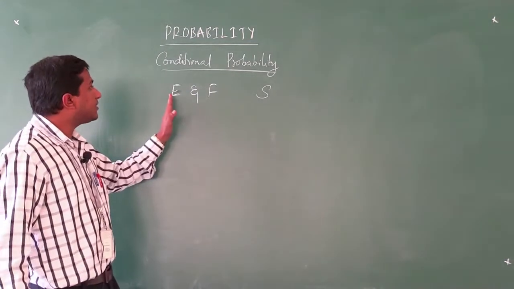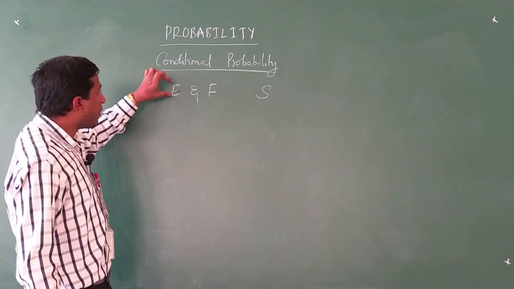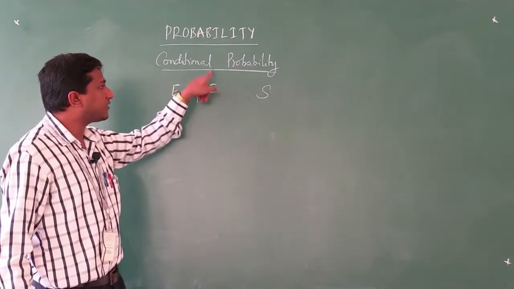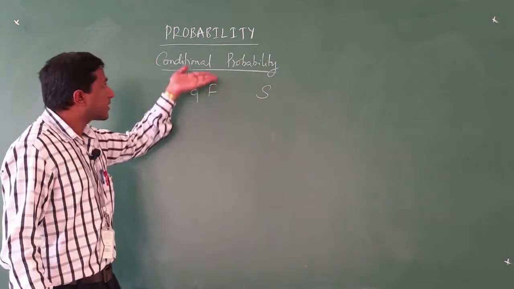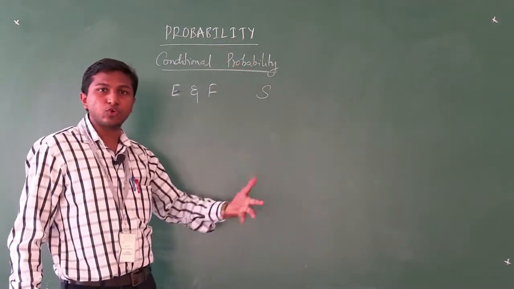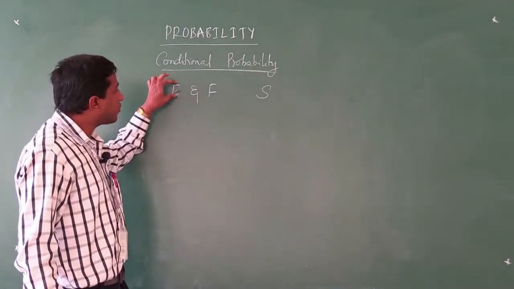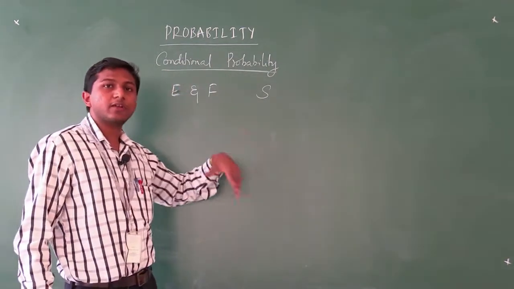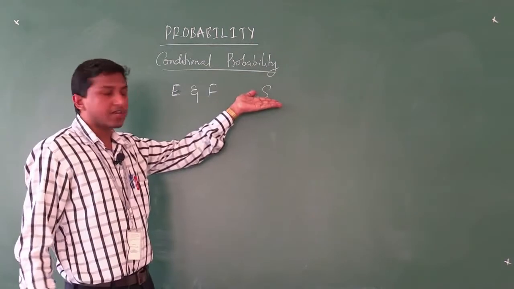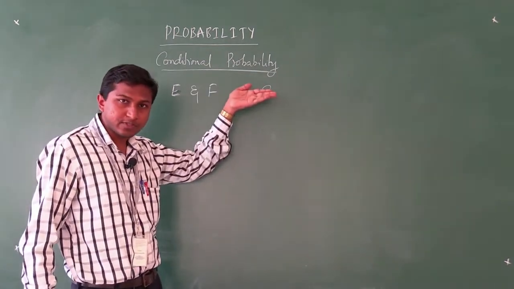Then we can think about the conditional probability of event E with respect to event F. Like I told you, we are going to find out the probability of one event with respect to another event associated with the same sample space.